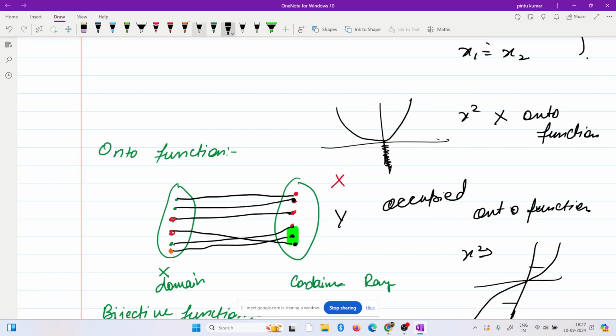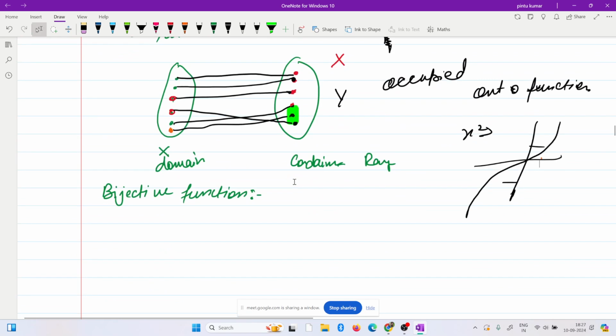By the way, x square is also not a one-one function, because at this point you have two images: corresponding to this point and this point, you have the same value of y. Whereas x cube is a one-one function.